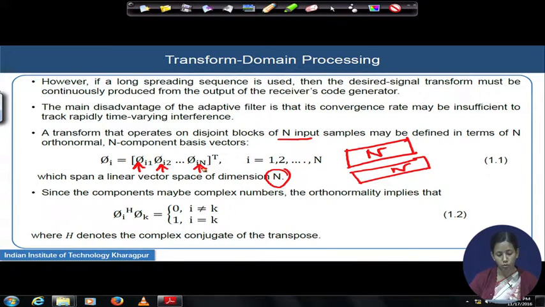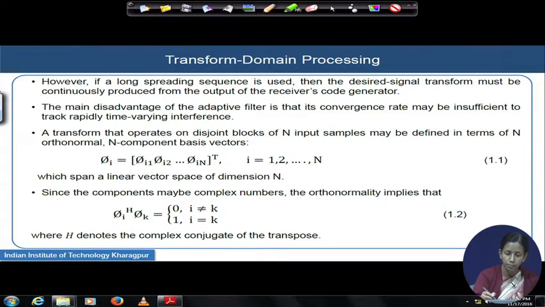Orthonormality implies that theta i Hermitian multiplied with theta k gives 1 only if i is equal to k, otherwise it gives 0. H stands for the Hermitian operator, which denotes the complex conjugate operation over the components. We took the Hermitian because these components may be complex.